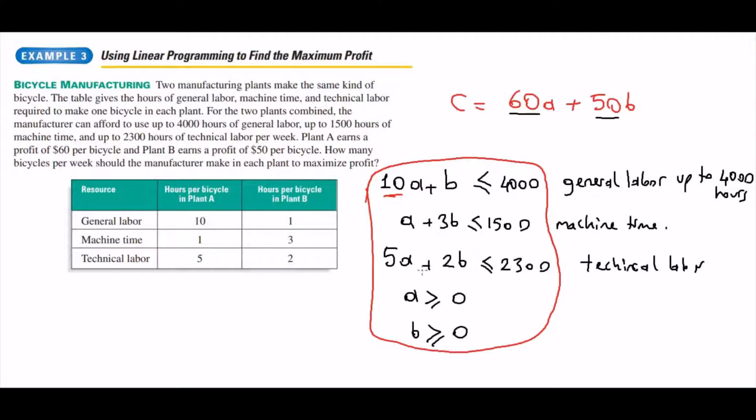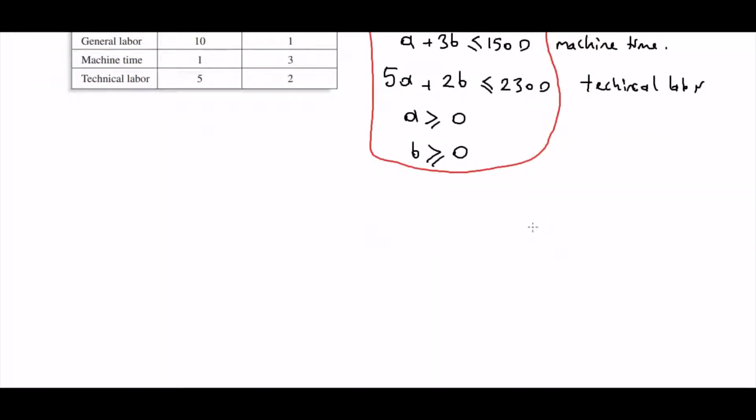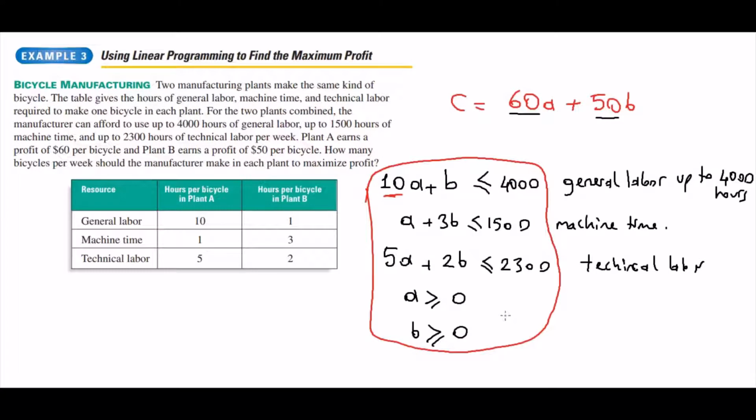Now we are going to see how we are going to maximize. So you can directly graph these linear equations on a graphing utility, or you can directly find the vertices and then plug the vertices into the objective function.